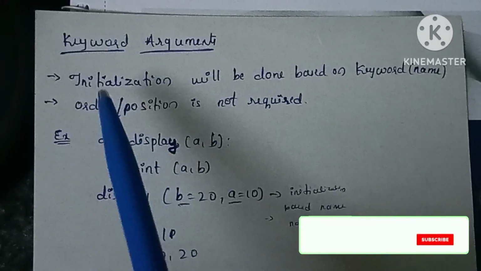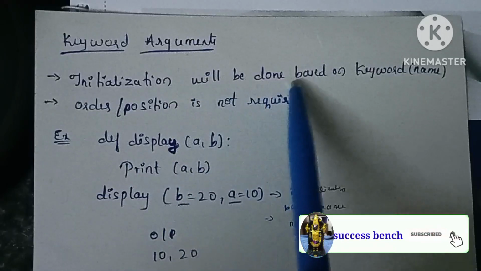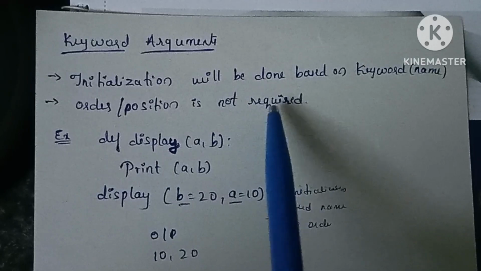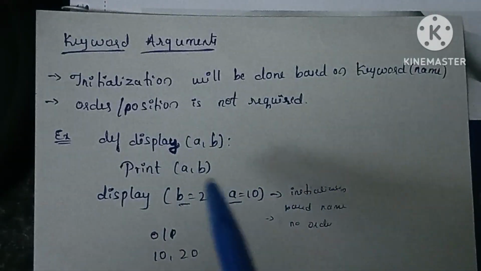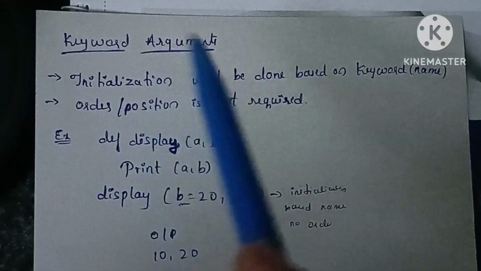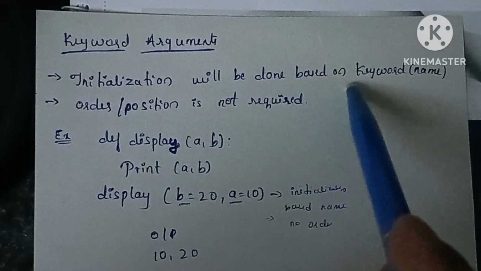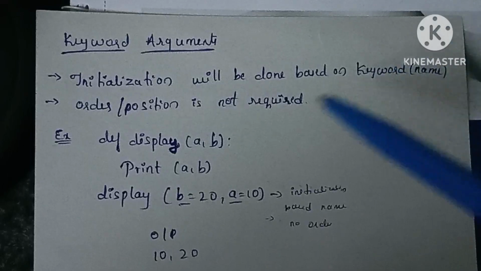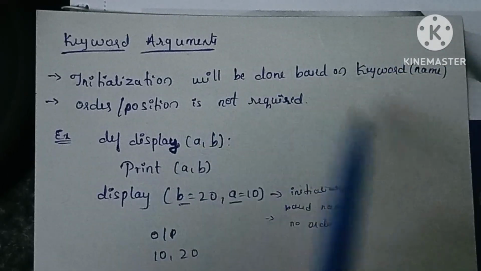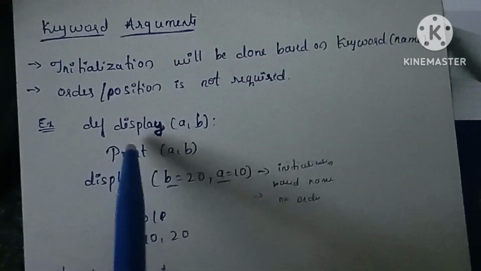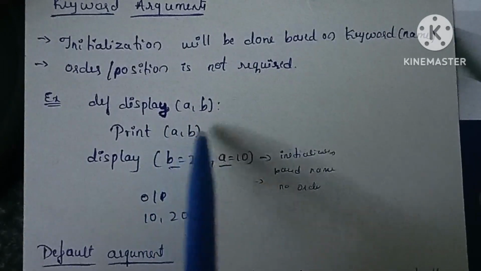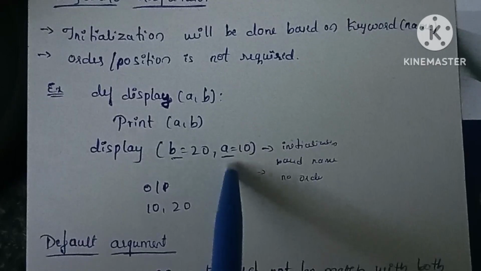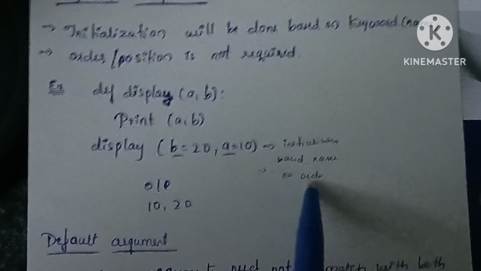Keyword argument means initialization is done based on the keyword, and order and position are not required. Whatever you initialize is done based on the keyword only. Keyword means name. Here there is no need to follow the order or position. I will show you the example. def display(a, b): print(a, b). display(b=20, a=10). Initialization is based on the name only.